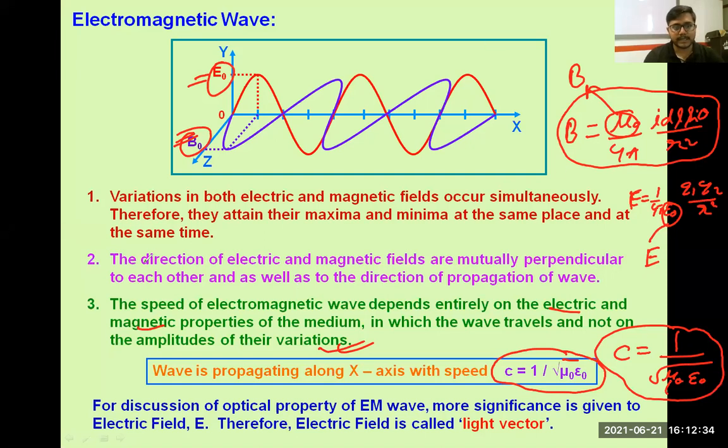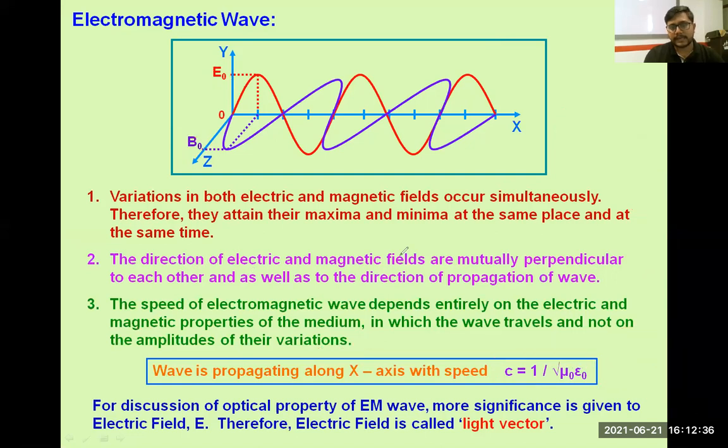Now, the second point says the direction of the electric field and magnetic field. Let me show you one practical example. Suppose this is the plane of the magnetic field. So the electric field will be present in such a way that they are perpendicular to each other.